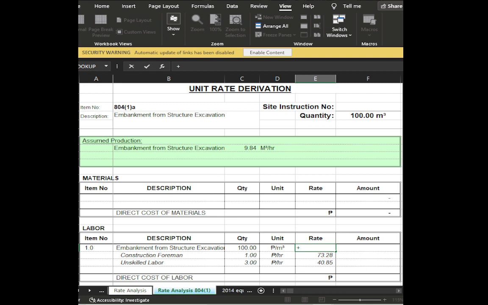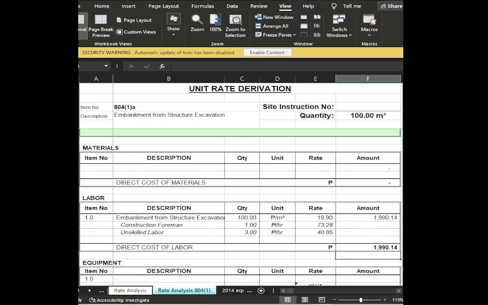So the per cubic meter of this one is the sum product of this quantity to this one, then divide it by 9.84, our assumed production, that is 199.9 peso per cubic meter of embankment from structure excavation. So to get this 100 cubic meter, multiply only by the rate, then the 19,990. So this is our direct cost for labor for 100 cubic meter of embankment.